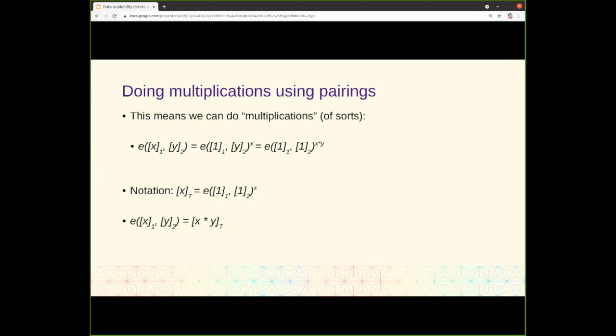So if you have the pairing of X and Y, then you can take the X out, giving Y to the power of X, and then you can take the Y out, so you get X times Y in the exponent. So if we change our notations for target group elements, then we see that this basically means that the pairing of X and Y is X times Y in the target group.